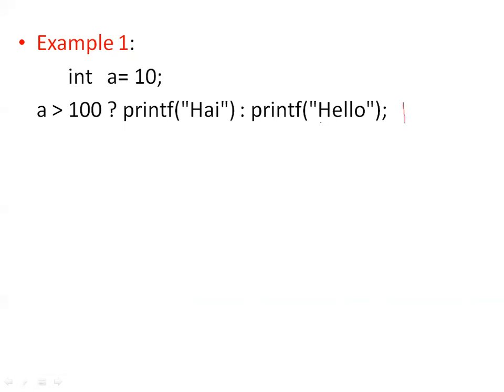So the output printed here is hello. This second printf is executed because the condition is false here.